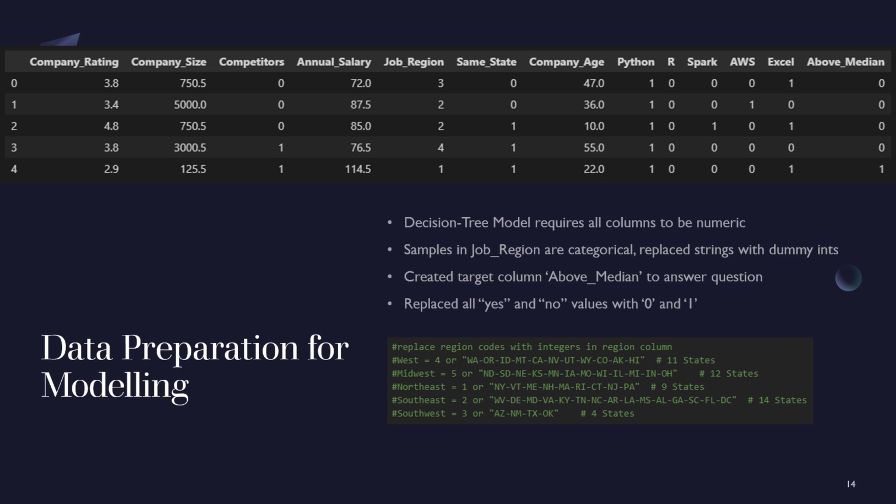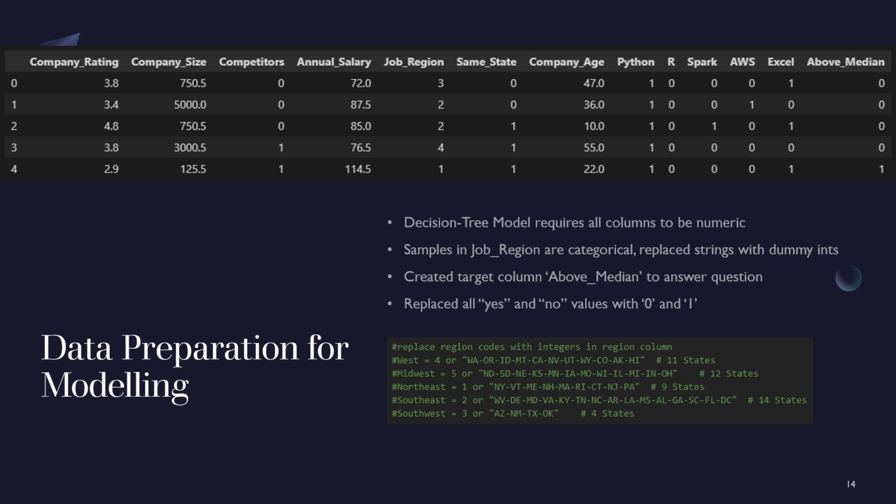So now that we've gained some understanding from the data, we have an idea of what correlates. We need to prepare the data for modeling. The decision tree model requires all your columns to be numeric.